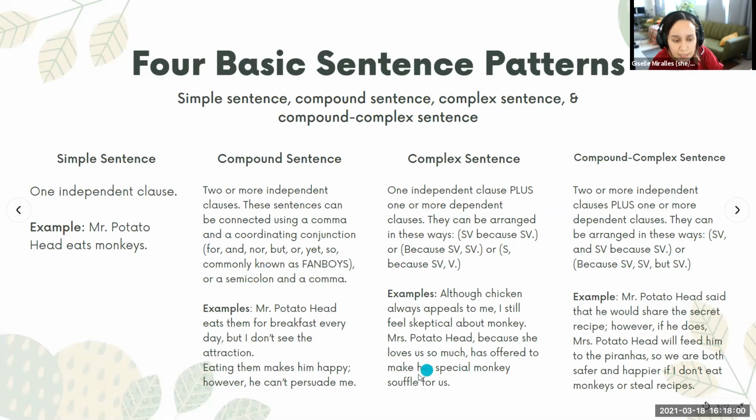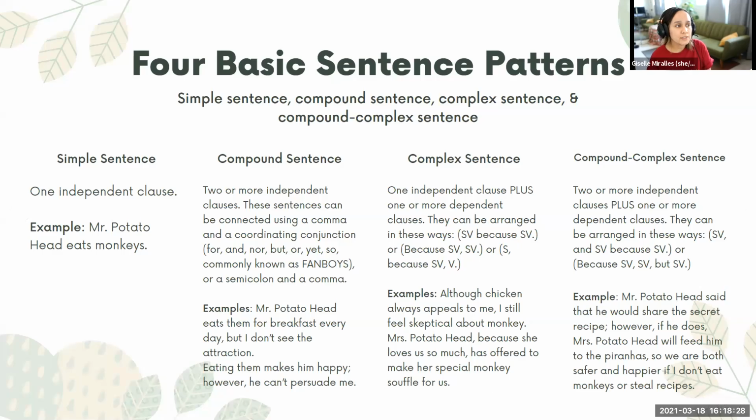The commas separate the dependent clause from the independent clause. "Because she loves us so much" cannot stand on its own. It's a dependent clause. So this sentence is a little bit more complicated than the previous one, but this would still be considered just a complex sentence because it has a dependent clause and an independent clause.